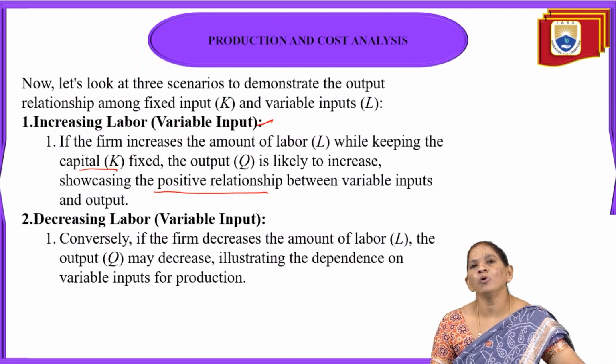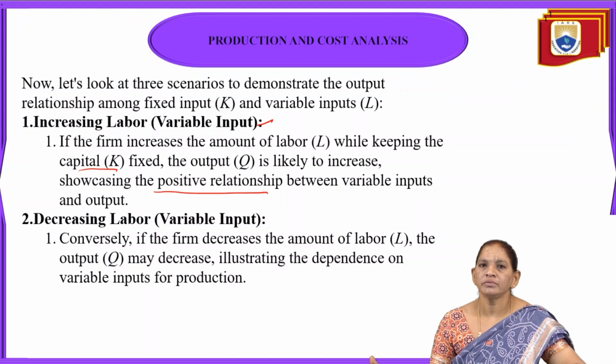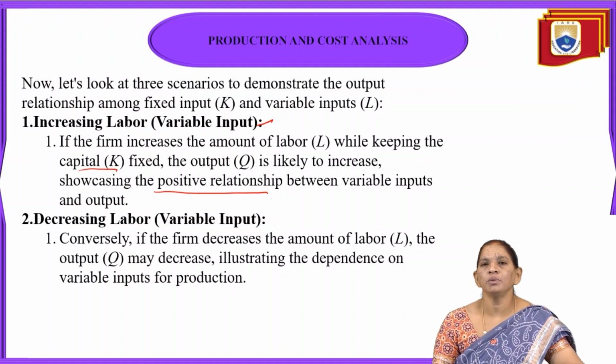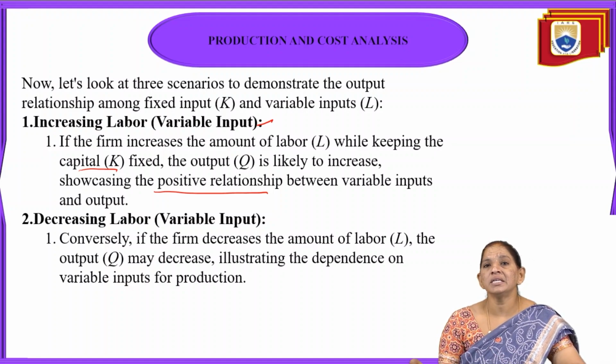Means the amount of capital is fixed, and by considering cheaper labor, giving a lesser amount, we go for increasing the labor. Once labor is variable and increasing, we are able to identify a positive relationship between the input and output. The second condition is decreasing labor.